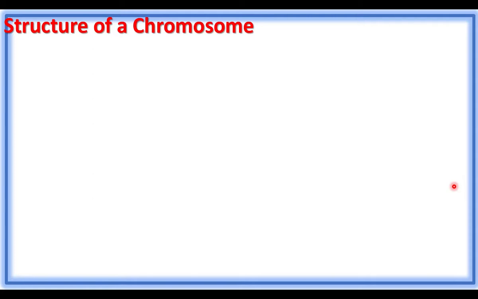The genes carry the characters from one generation to another generation. These genes are carried by the chromosomes. Genes are arranged on chromosomes. So chromosomes are responsible for the transfer of characters from one generation to another generation.